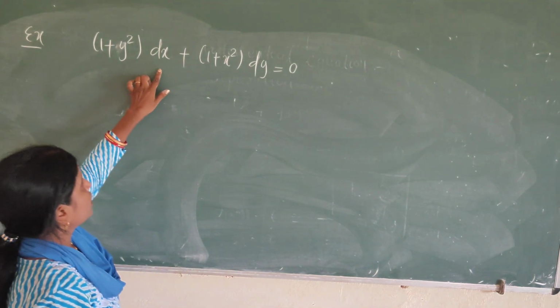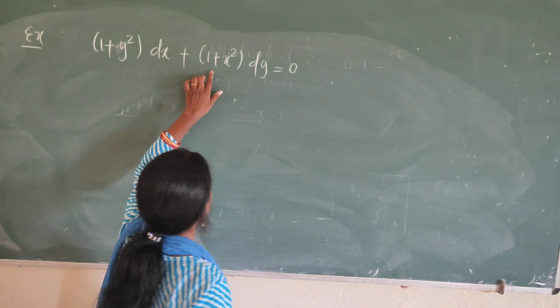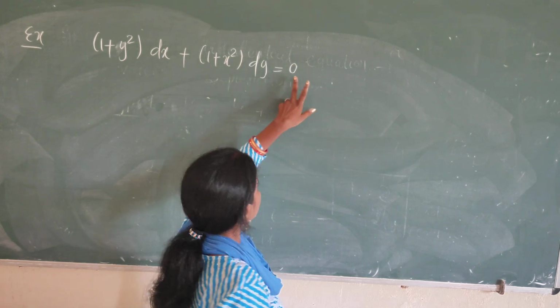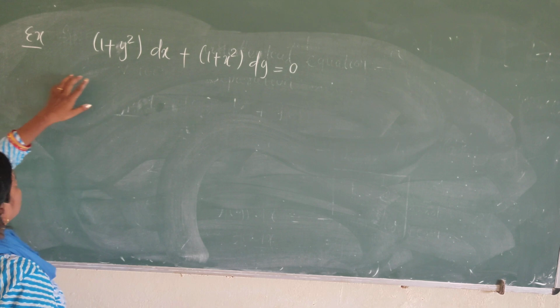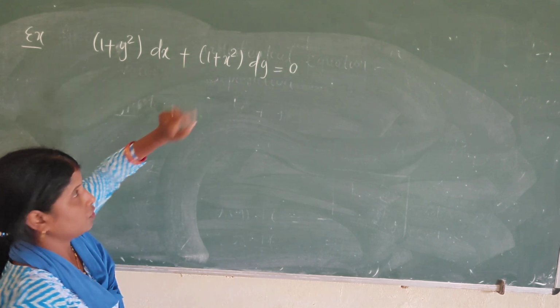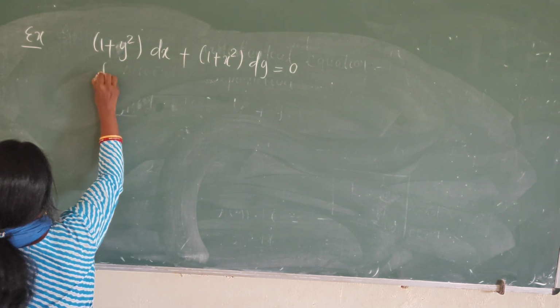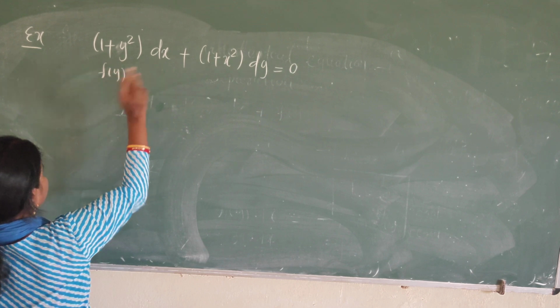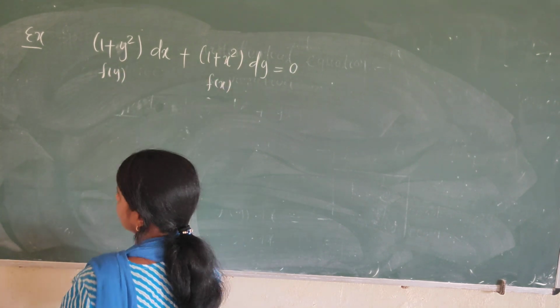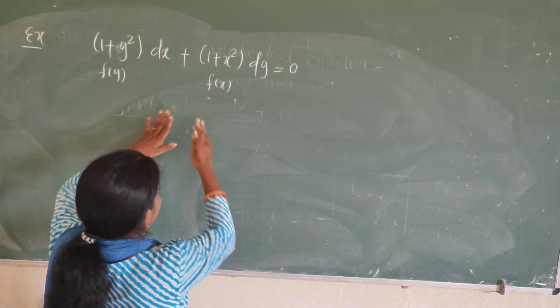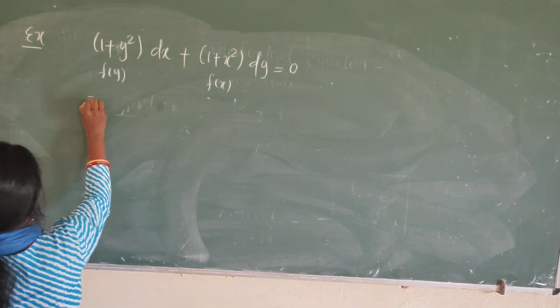1 plus y square dx plus 1 plus x square dy equal to 0. And this is our type 2 example. Why? This is function of y with respect to dx and this is function of x with respect to dy. Now we have to separate this variable.